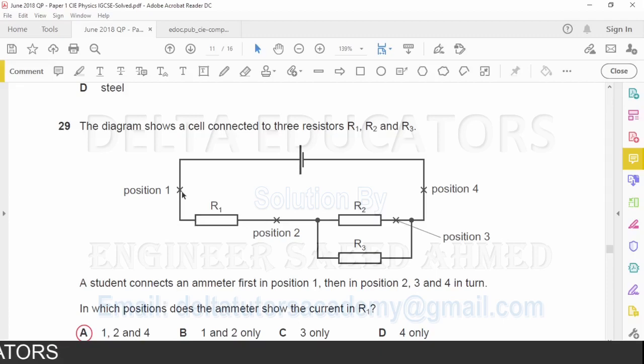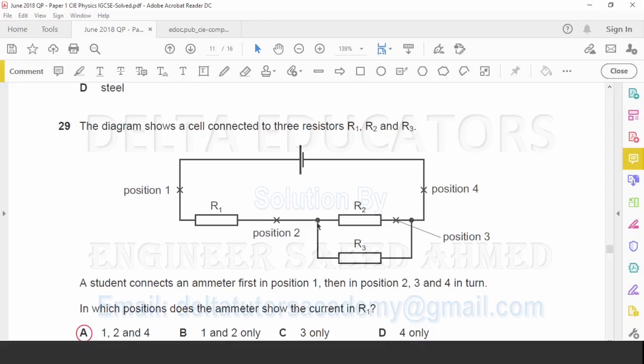So whatever current enters R1 will be represented by the ammeter in position 1. Now the current that enters R1, the same current will leave R1. So if we connect an ammeter at position 2, the reading will be the same as the reading in position 1.